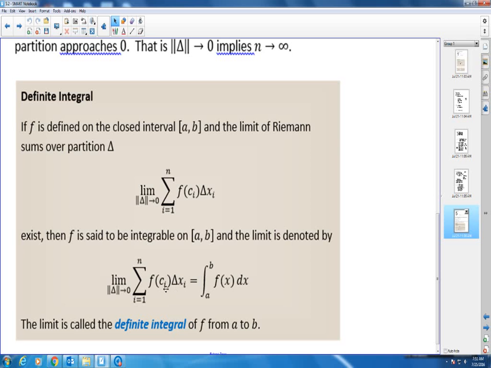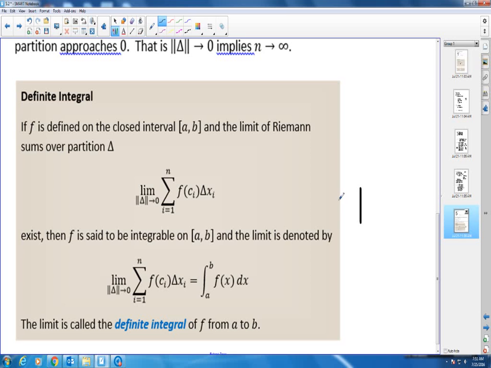This is how area under the curve relates to the integral: as the width of a rectangle gets so small, practically approaching 0, that's practically a single c sub i, a point on the curve.